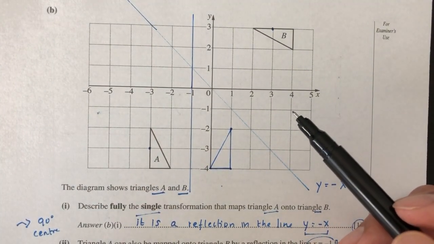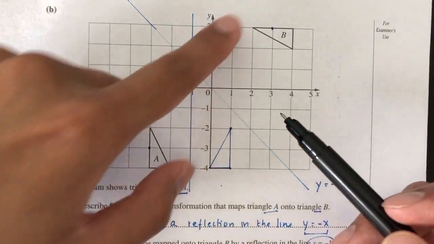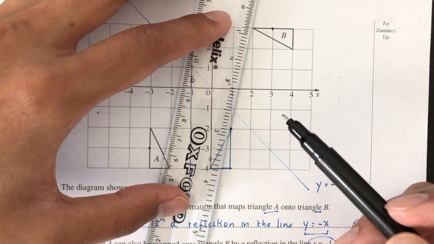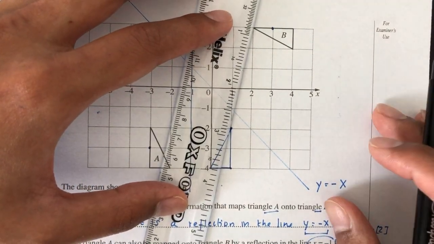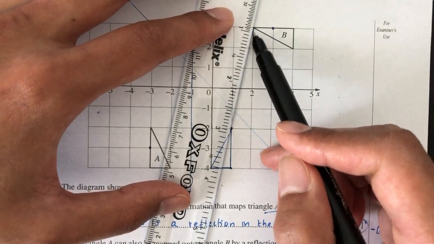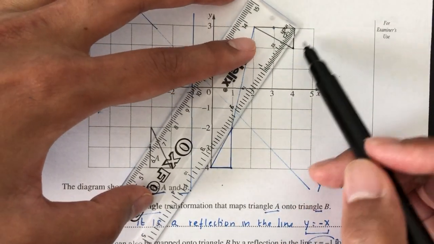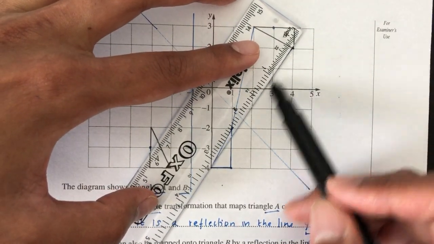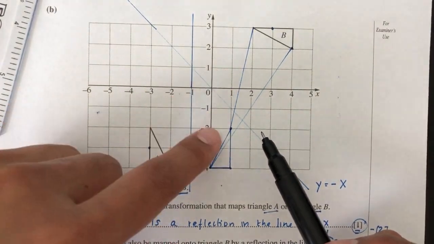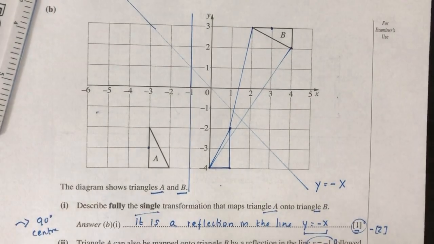One way that always works is to connect the corresponding points and draw perpendicular bisectors. So this point becomes this point, let's join these two. And this point becomes this point, let's join those two. Then we draw the perpendicular bisector of this line and this line, and where they meet will be the center of rotation.